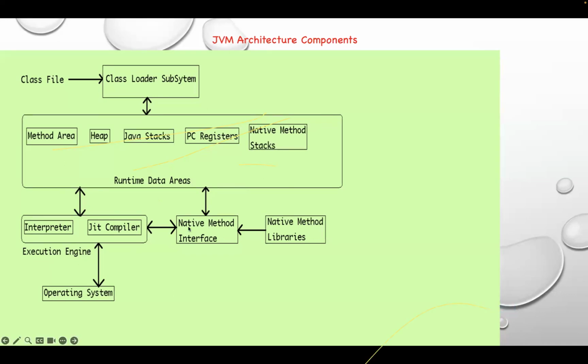Now again, as I said, the native method interface and native method libraries are similar to the Java stacks. The native method interface and native method libraries are required to support the native method stacks. Now again, to execute and perform all these operations, who is playing a key role?